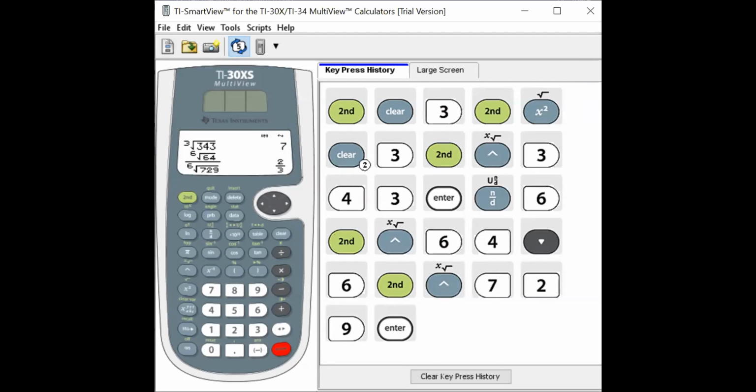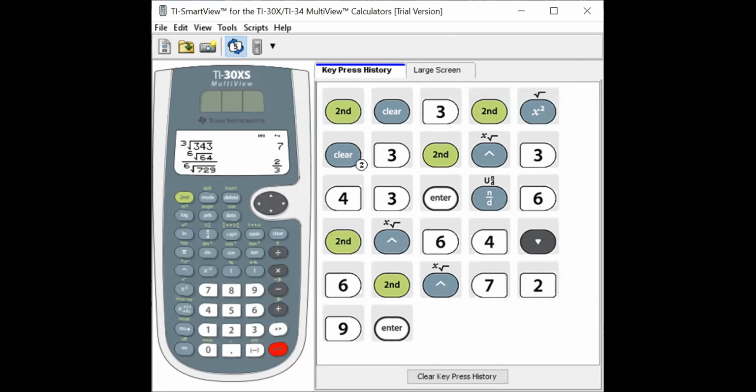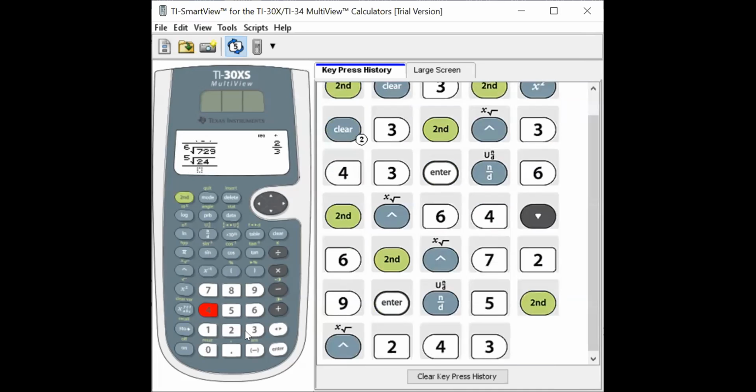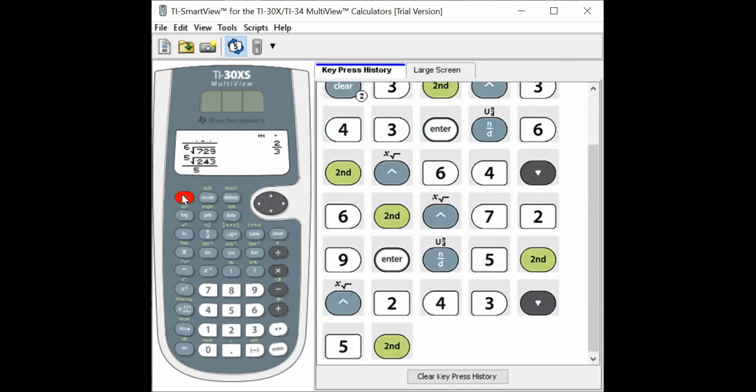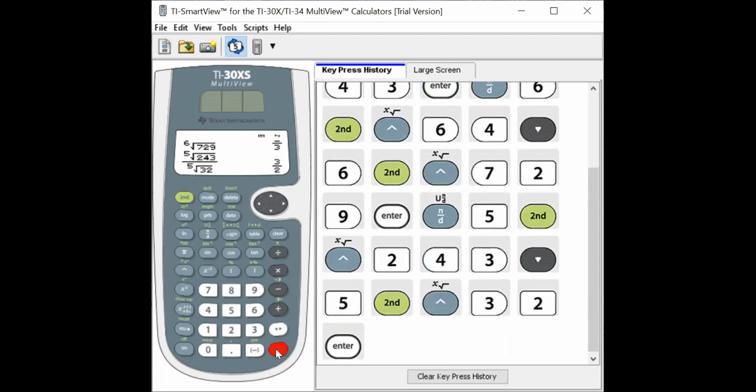You're just going to have to play with it, and if it doesn't work, you'll have to figure out a new way of doing it. The next one is the 5th root of 243 over the 5th root of 32, and we get 3 over 2. That does not reduce, or the calculator would reduce it anyway.